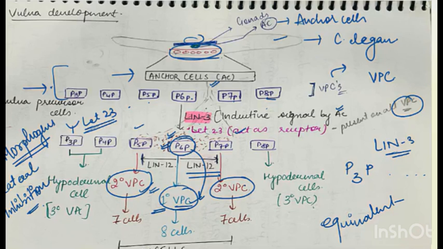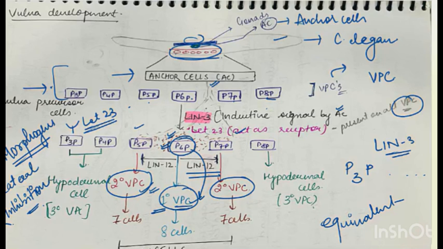Now, your primary vulval precursor cell, P6.p, initiates a mechanism of lateral inhibition so that the nearby vulval precursor cells, that is P5.p and P7.p, are inhibited from converting into the primary ones.